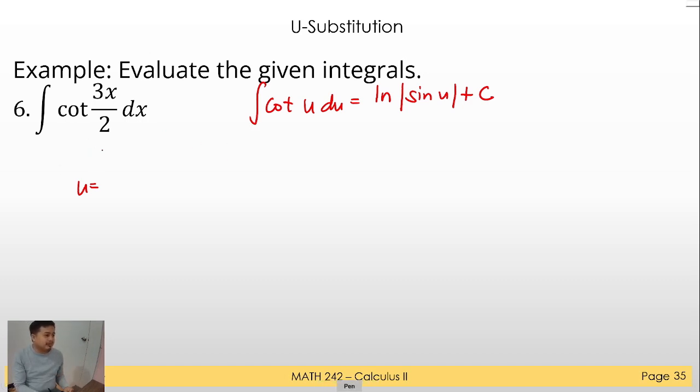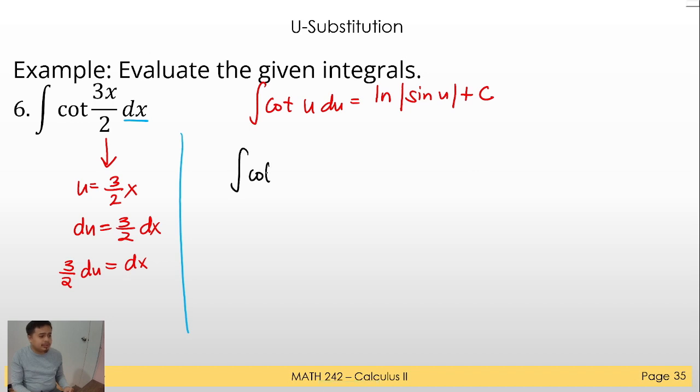So u here, the derivative of u, 3 over 2x, will be equal to 3 halves. So therefore, dx is equal to 2 du over 3. So change this dx, change this u. So this will be equal to the integral of cotangent u multiplied by dx.